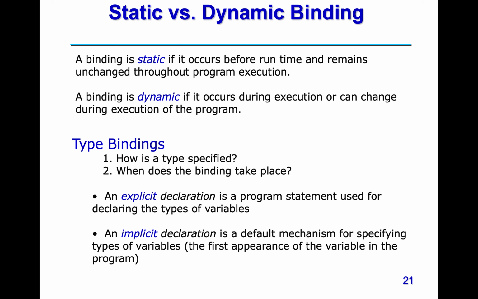Now, in statically compiled languages, we have static binding. And you might also get that dynamic binding occurs with dynamically compiled languages. So let's talk about static first. The static compilation process does static binding, which means everything is done before the program even runs. So the binding is static if it occurs before runtime and remains unchanged throughout the program execution.